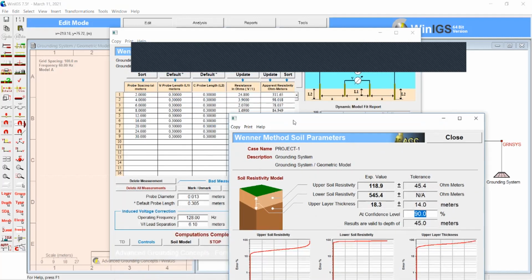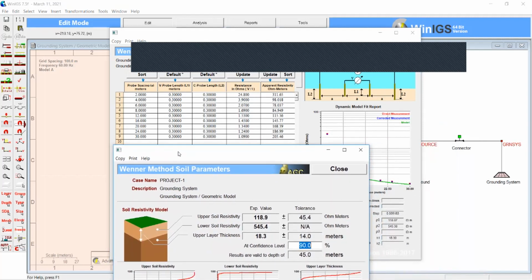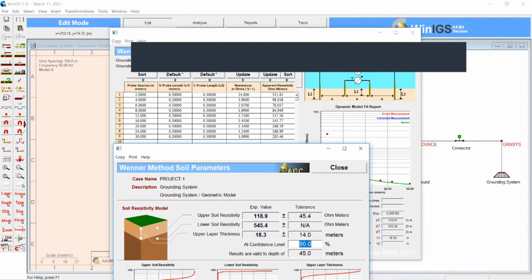I asked you to save 2 figures from each model. One with this data, one related to the top and bottom layer soil resistivity. You remember I told you that? I asked this question and everyone was answering yes. Do you have this?